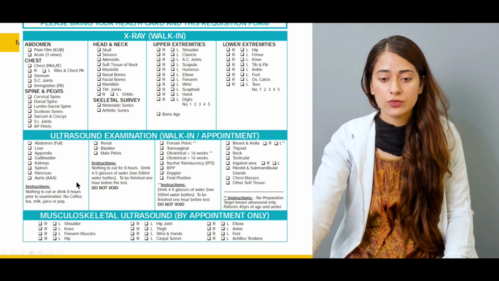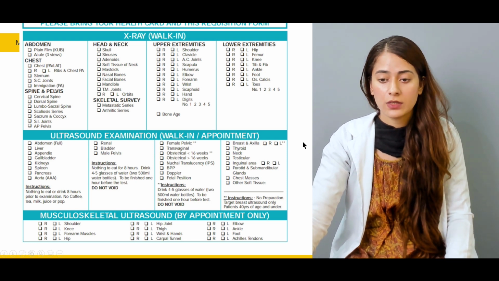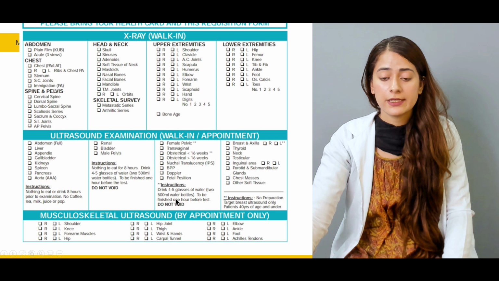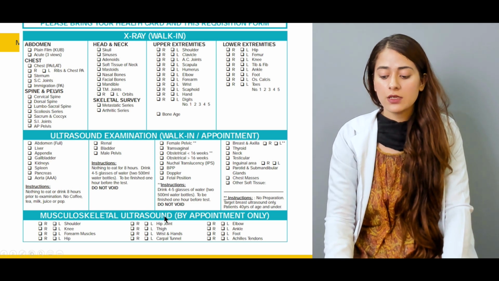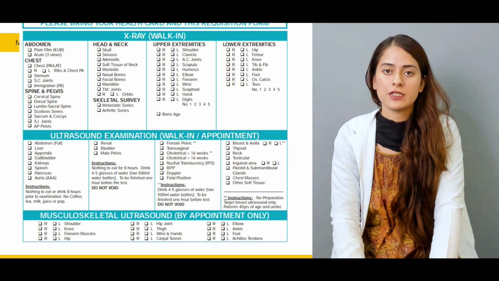And then ultrasound, depending on the body parts being viewed, there are different days, mostly in the ultrasound departments. Then musculoskeletal ultrasound, like I said, is very good in ruling out any tendon and ligament injuries.